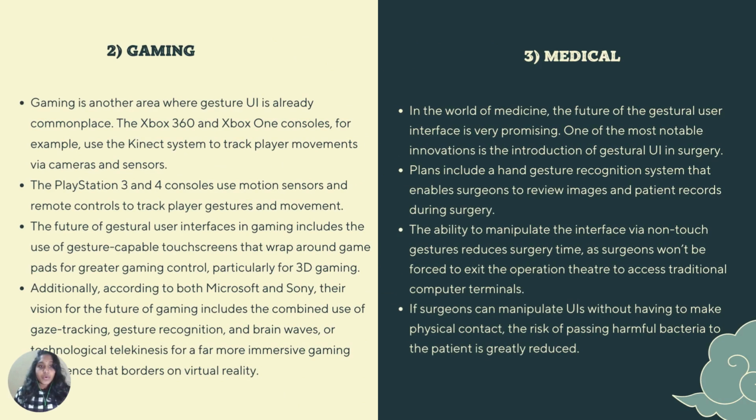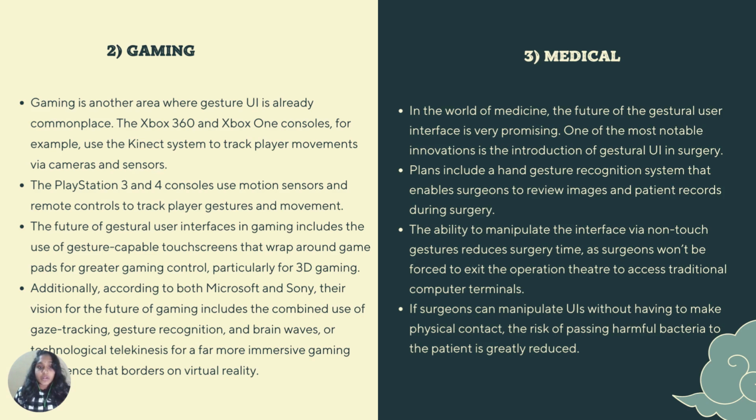Number 2, gaming. Gaming is another area where gesture UI is already commonplace. The Xbox 360 and Xbox One consoles, for example, use the Kinect system to track player movements via cameras and sensors. The PlayStation 3 and 4 consoles use motion sensors and remote controls to track player gesture and movement.